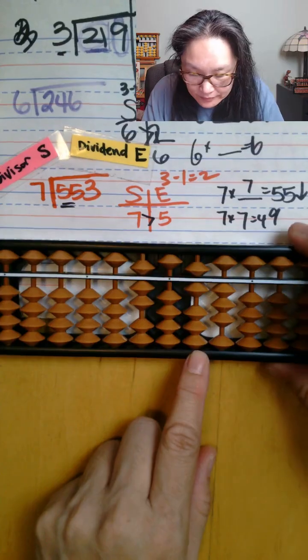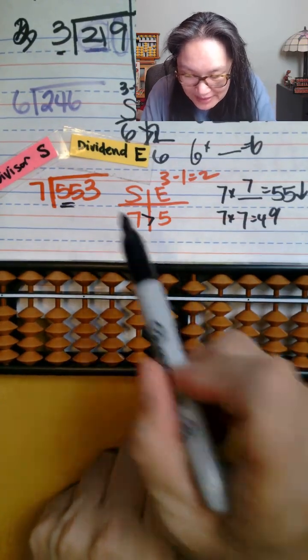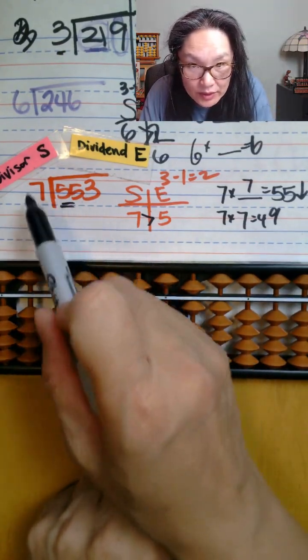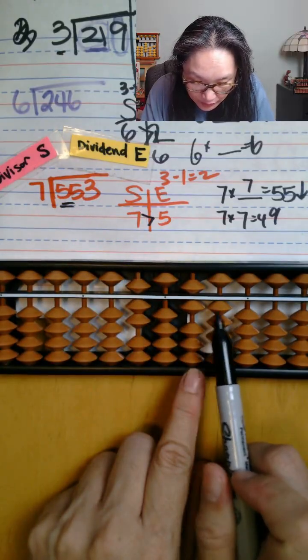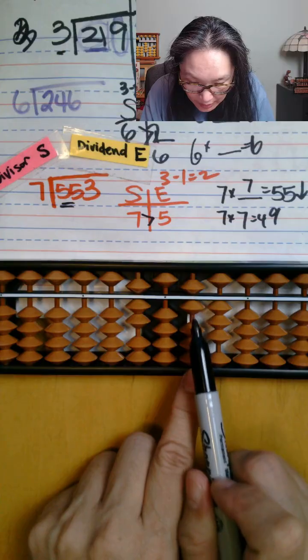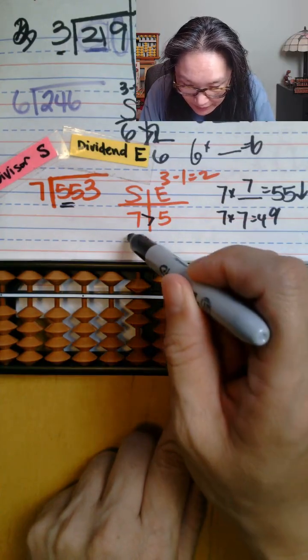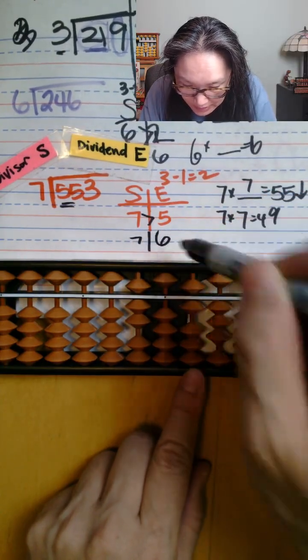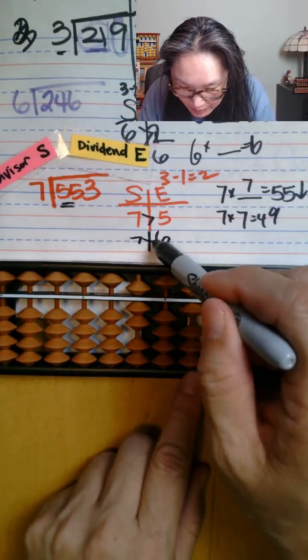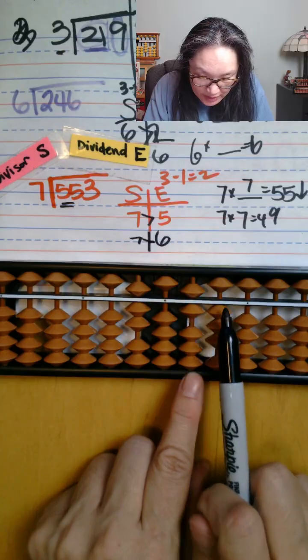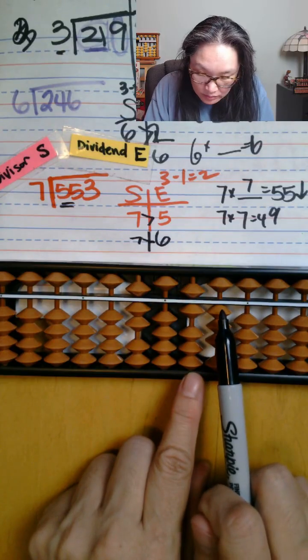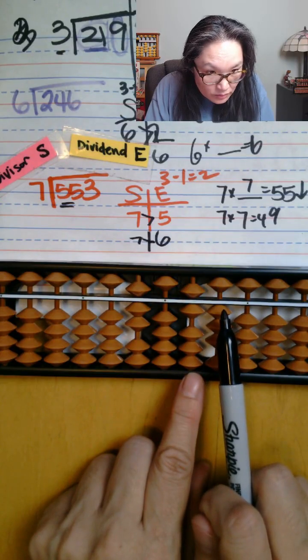Good. So who's bigger? See, now I can't use what's written. I've got to look over here at the ones column. 7 or 6? My 7 is bigger, so I know I'm going to take these 2 columns. Right.